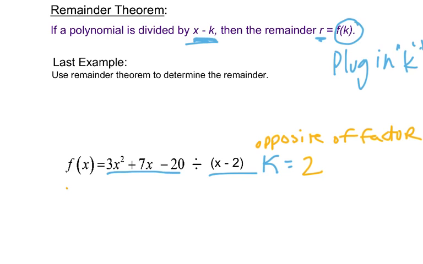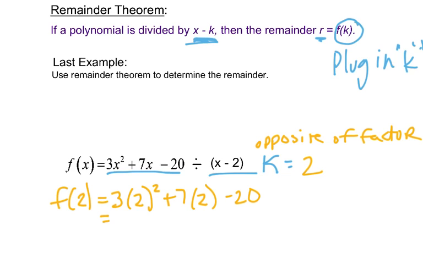All I need to do is evaluate f of 2. So we're going to have 3 times 2 squared plus 7 times 2 minus 20. If we do each piece, we're going to have 12 for this first section plus 14 minus 20. And so f of 2 is going to be 26 minus 20, so 6.